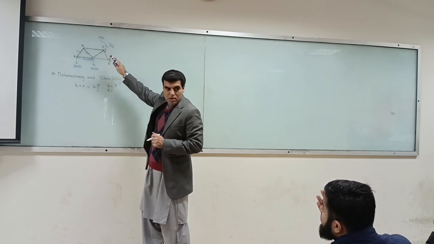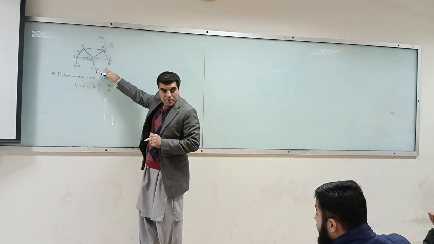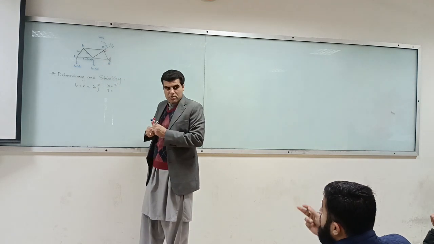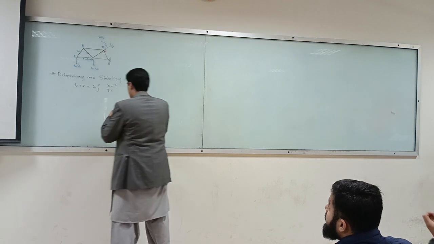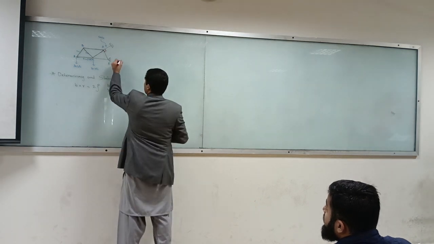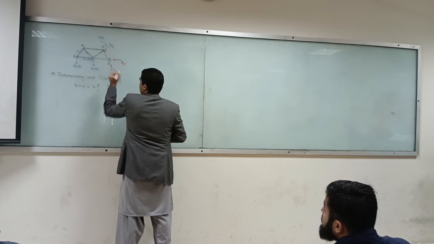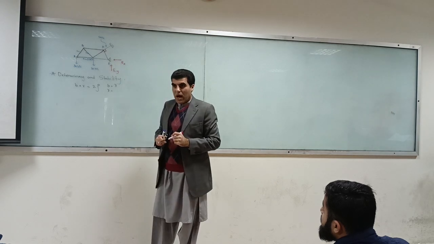Three from this one, three from that. Pin or fix? This is a pin. The 2 from the same connection, 2 and 3 from this one. So we have Ex, Ey. And how many from this one? Y3.